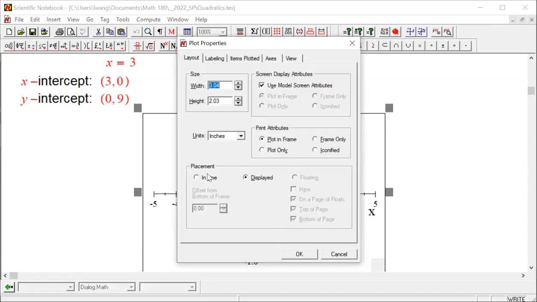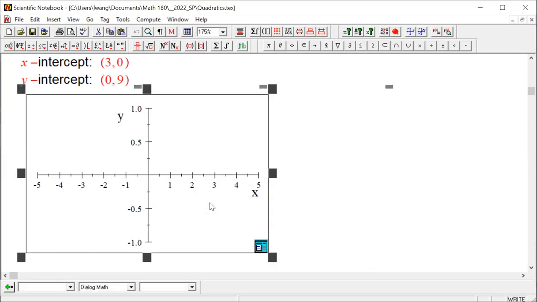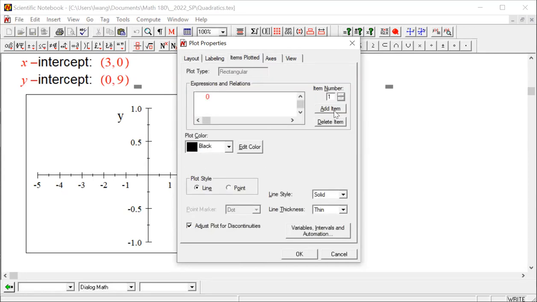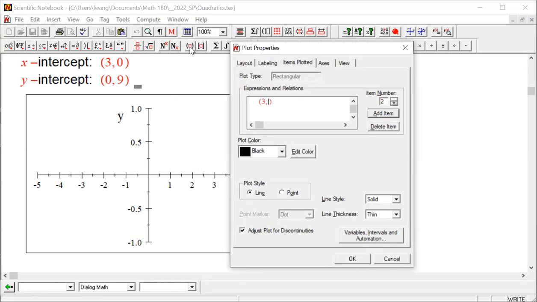And now we need to make some adjustment, right? So the x-intercept is (3, 0). Okay, so that makes it a red dot. And the y-intercept is (0, 9).